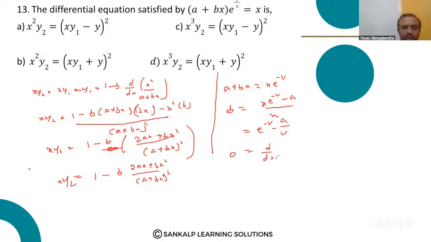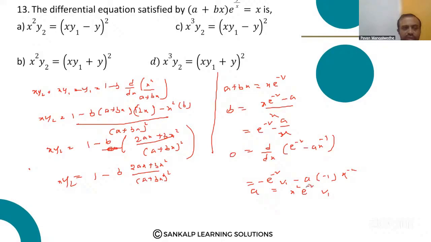Then d by dx of this: e raised to minus v minus a raised to x raised to minus 1, a by x raised to minus 1. Then it will be minus e raised to minus v into v1 minus a into 1 minus that is x raised to minus 2, which is a is equal to x square e raised to minus v as it is, then it will become v1.